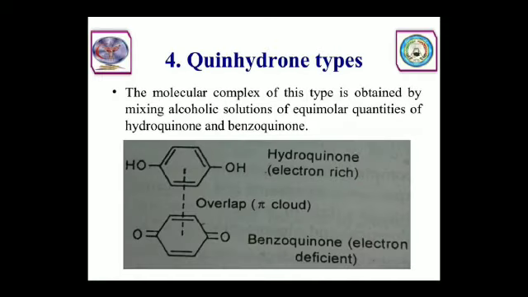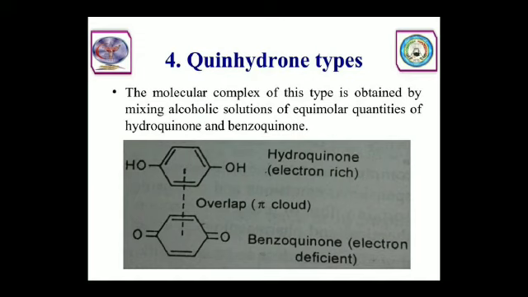The fourth type of complexes are quinhydrone complexes. This type of molecular complex is obtained by mixing equimolar quantities of alcoholic solutions of benzoquinone and hydroquinone.